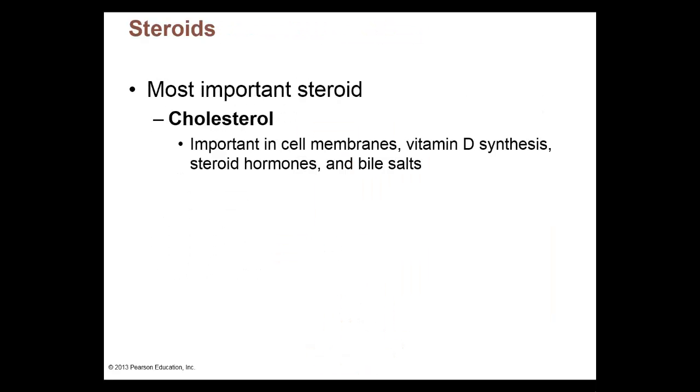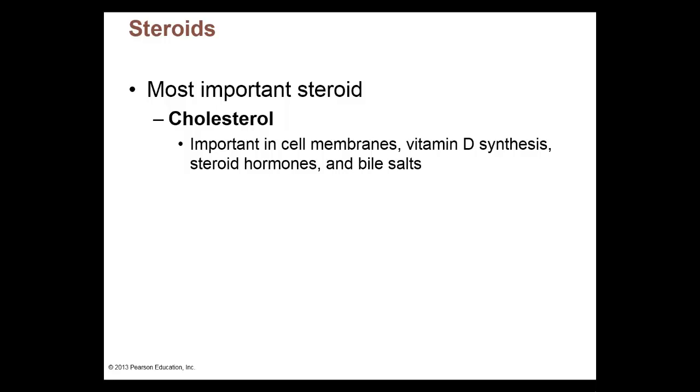All right. On to another fat, steroids. The most important steroid that we'll talk about in this class is cholesterol. Cholesterol is a steroid. It is a fat, it is a lipid. We find cholesterol in our cell membranes. You'll see this coming up when we talk about cells.